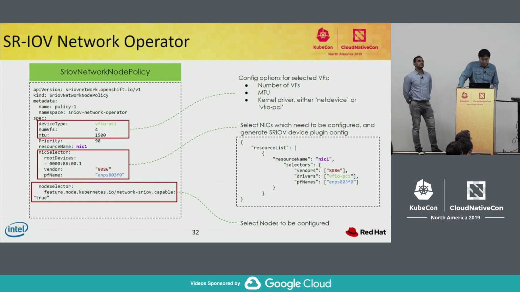All this information will be consumed either by the SR-IOV network config daemon, so that it can configure the hardware for you, or by the operator to generate the config file for the SR-IOV network device plugin.